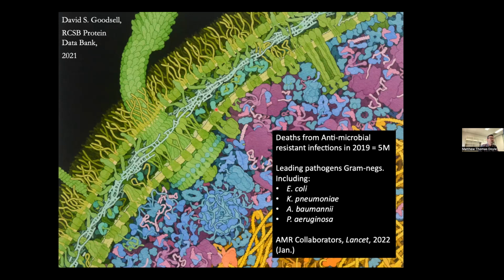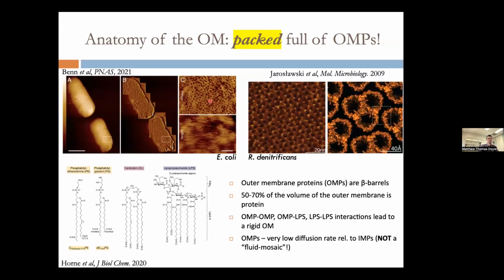And so I'll leave that idea there, and then I'll focus on some of the fundamental things that we're trying to discover. So in case you didn't know this, the gram-negative outer membrane is really weird, okay? If we take a live E. coli cell and do AFM, atomic force microscopy, and zoom in on a patch, you can see these little circles.